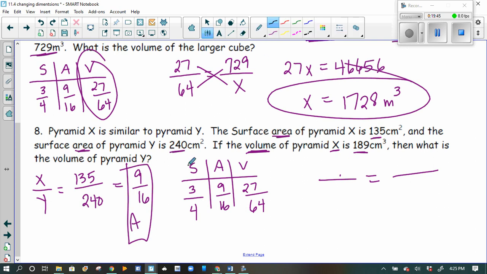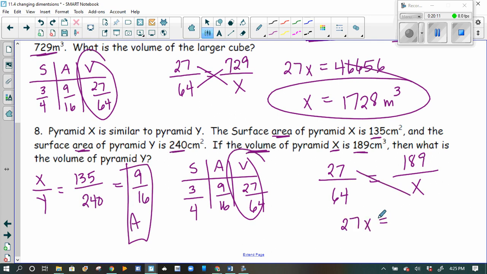So if we're finding the volume, we're going to be using the volume column because we are looking for volume. So 27 over 64. So if the volume of X is 189, because we did X over Y, find Y. Cross multiply, 27X. Now we got 189 times 64.